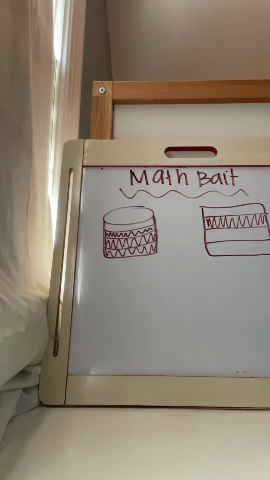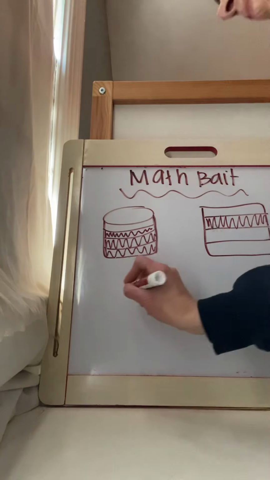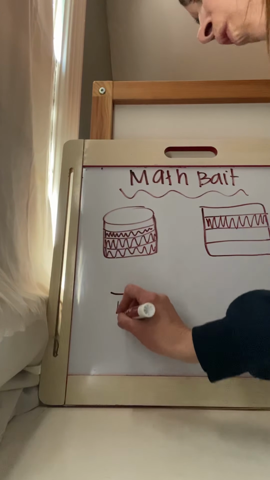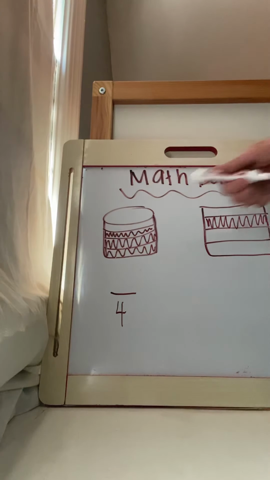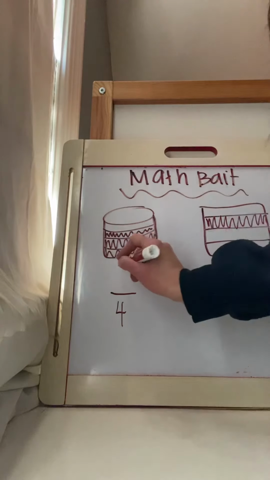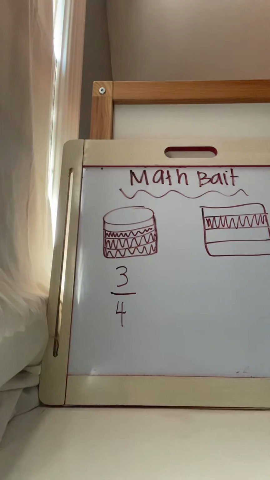So if I'm looking at that, it's broken up into 4 pieces. So 4 is my denominator, and then 3 pieces are shaded. So 3/4 should have been that fraction. This fraction over here was just a square, and it also was broken up into 4 pieces, but we only had 1 piece shaded. So our denominator would have been 4, but then our numerator would have been 1.